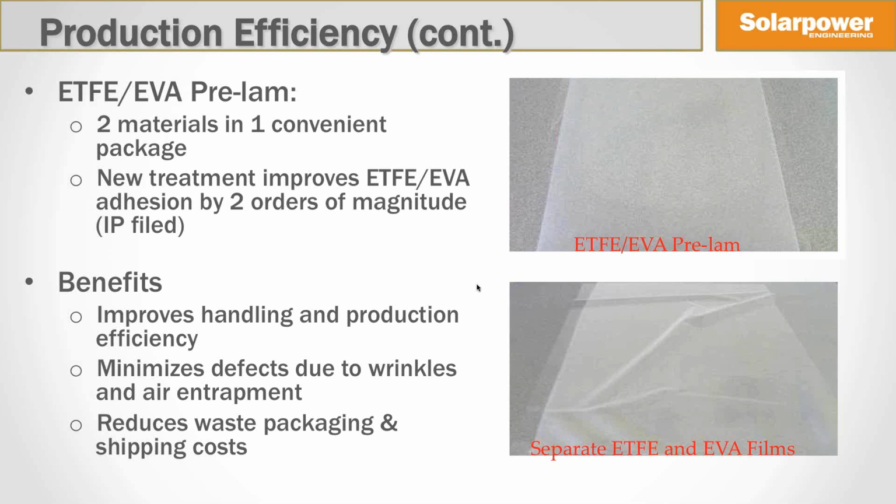So with the Lightswitch Front Sheet Complete, it not only improves handling and production efficiencies, but it will minimize defects in your final modules, which might be caused by wrinkles or air getting entrapped between the two films. And this is how it will look. Since now you have two materials in one package, it will also help reduce waste packaging and shipping costs, as you'll get two products bundled together in one package.